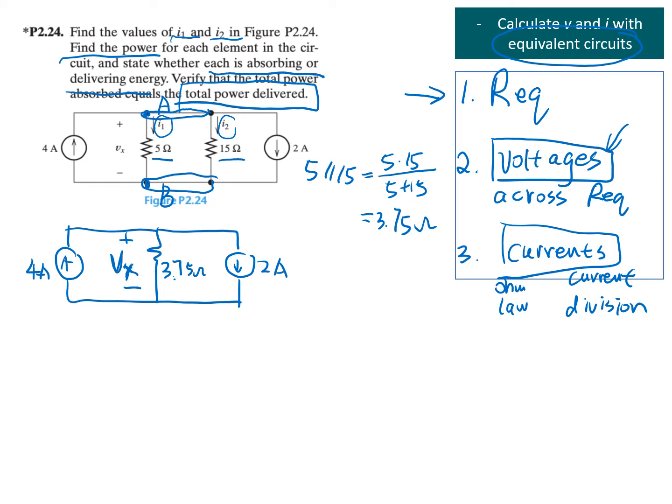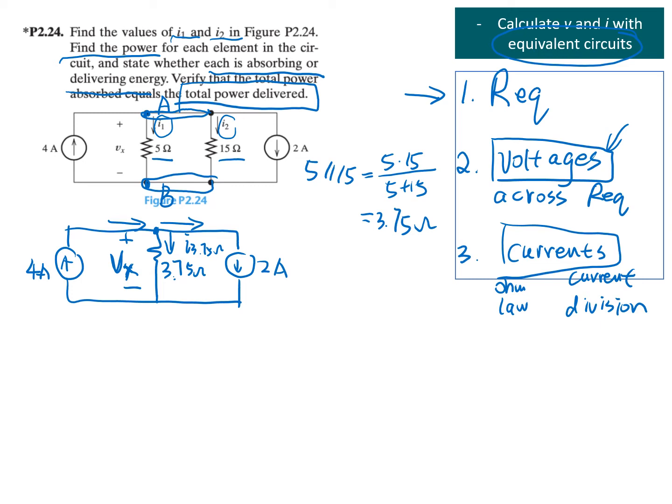So how can we find the value of Vx? We can perform the KCL here to find the current that flows through this 3.75 ohm resistor, and then use Ohm's law to find the voltage value. So let's say this is current I 3.75 ohm, and we have the 4 amp current flowing into this node, and 2 amp current leaving this node.